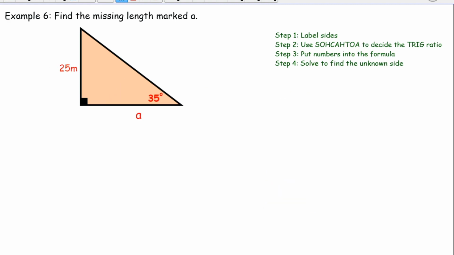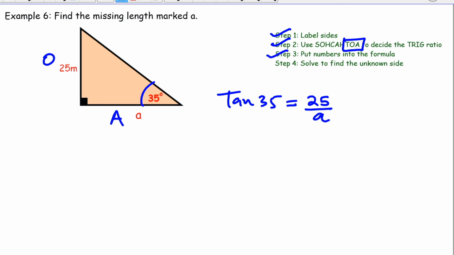Example 6. We start by, again, labeling the sides. That's the opposite, that's the adjacent. So we're going to use tan. Okay, done. Step 3. Write down your equation. So tan of 35 will be equal to 25 over A. We want to find A. Which trick do we use?